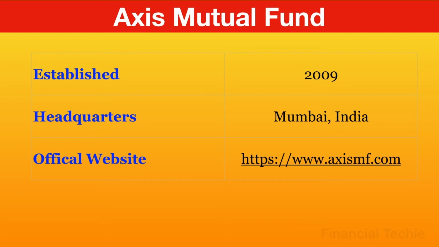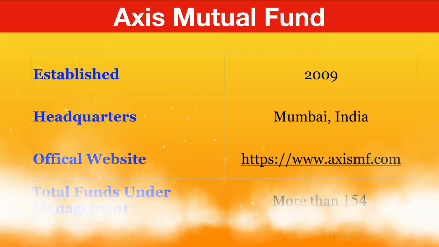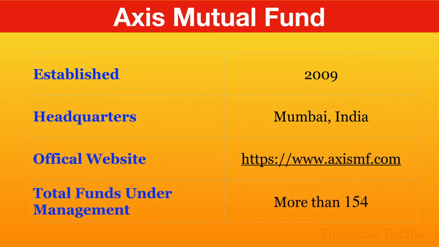You can create your mutual fund account on the website, and you can create SIP, delete SIP, and you can invest in lump sum as well in all the mutual funds that they allow you to invest from the website. Axis Mutual Fund is offering more than 154 varieties of funds, which includes equity, debt, hybrid, and balanced funds. They also offer ETFs, which you can find on their official website.